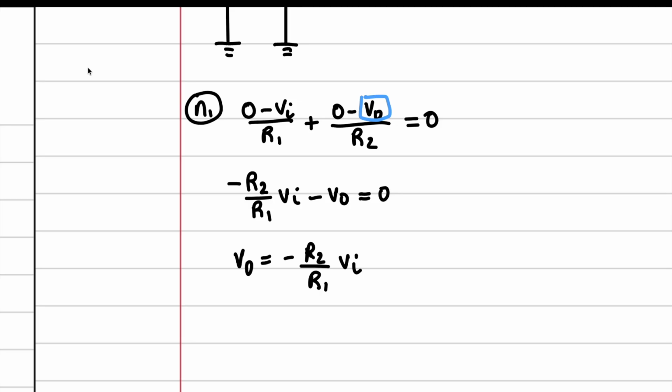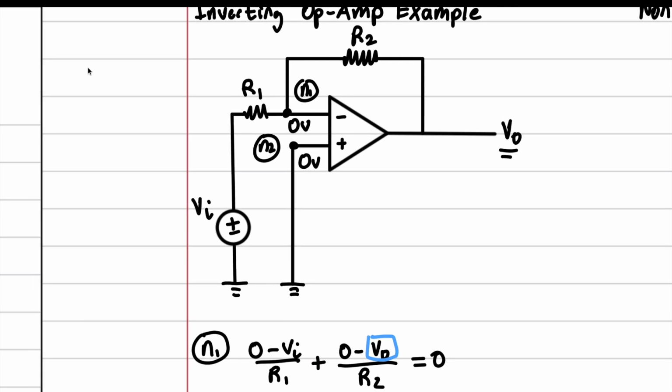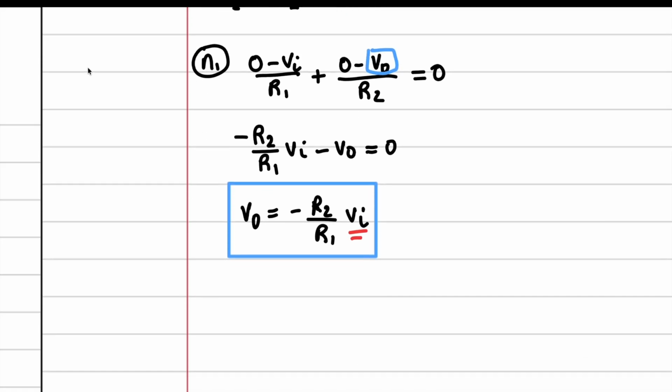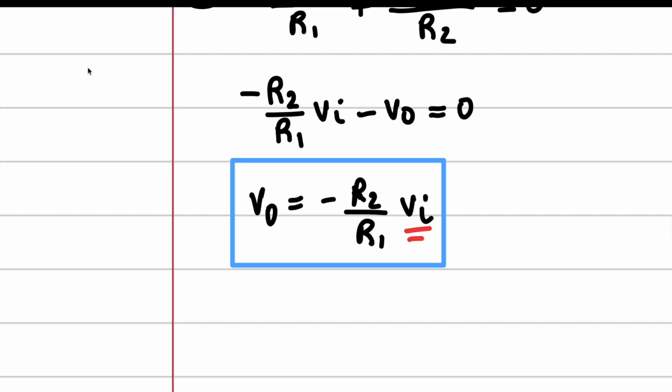And so as you can see here, whatever the voltage was going into this negative side of the op amp, it would be multiplied by some ratio of R2 to R1 and be negated, okay? And that would be V naught.